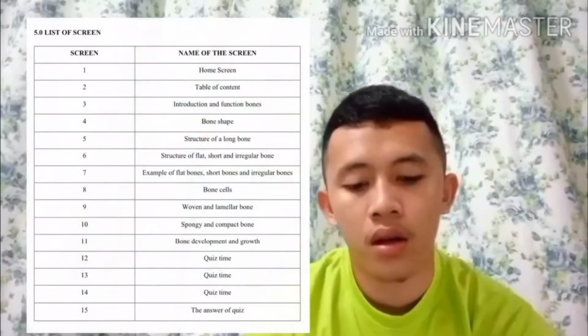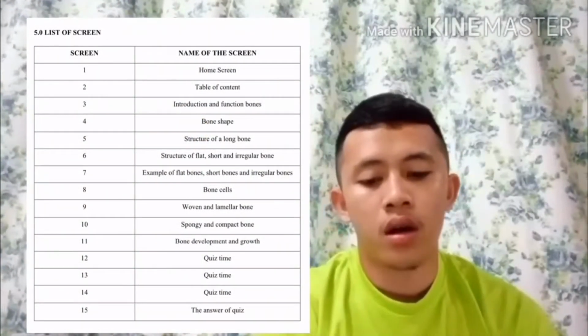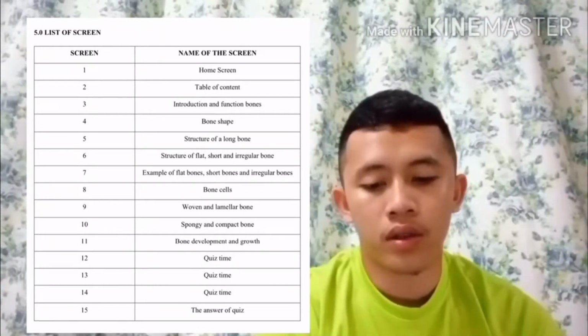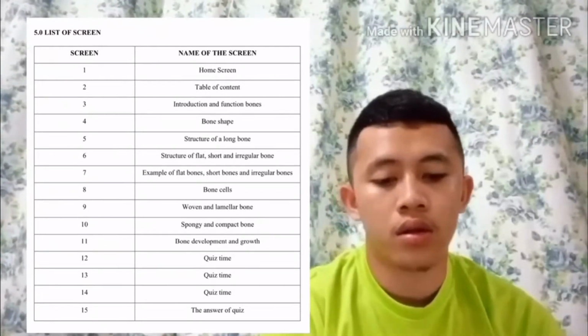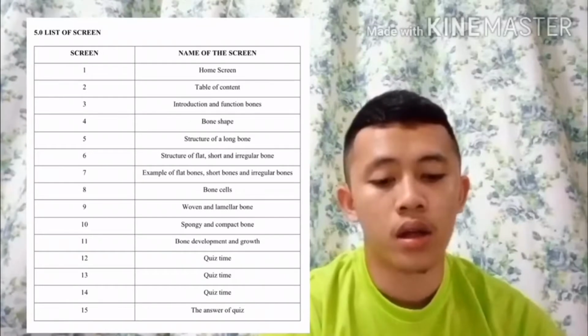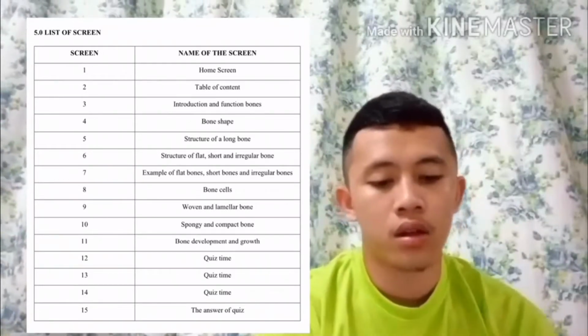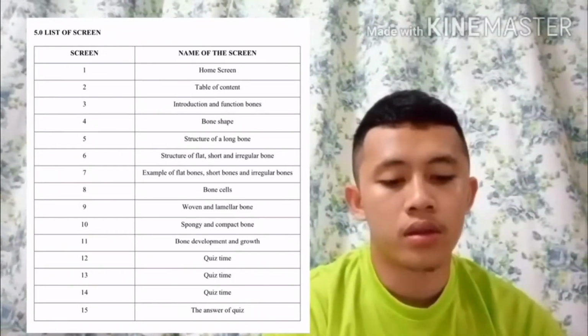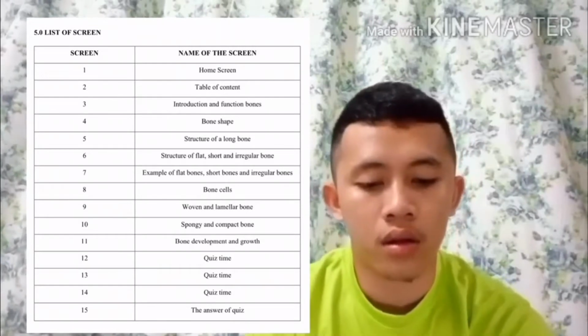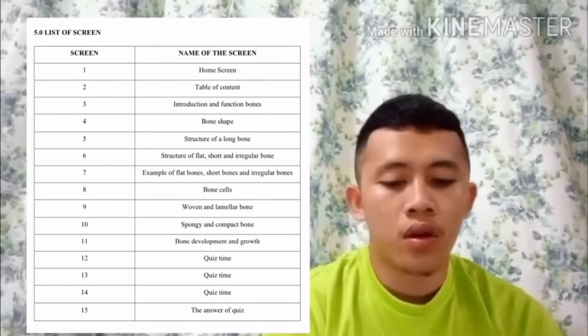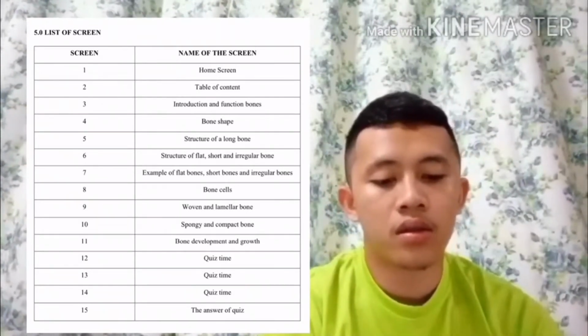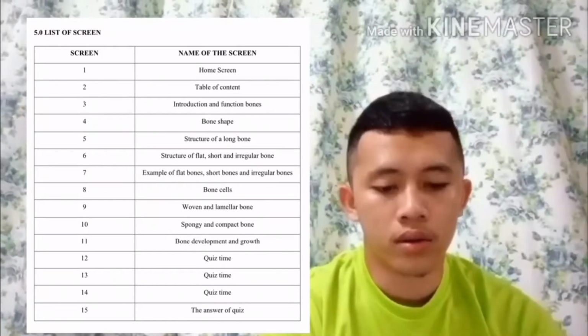Okay, the fifth, list of screens. We present to you our screens. The list is: Screen 1, the home screen. Screen 2 is table of contents. Screen 3 is introduction and function of bone.